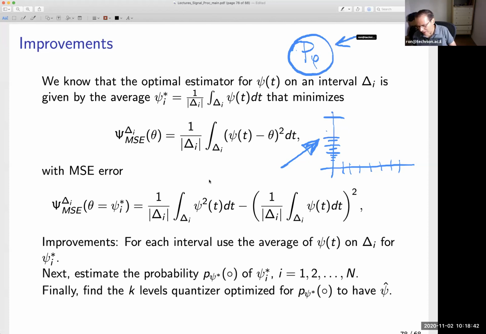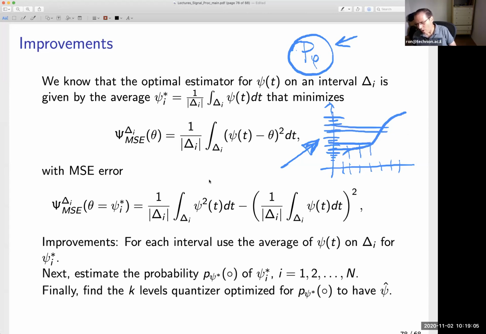What I'm telling you is that first of all, use uniform quantization along the y-axis, accumulate, look at the values of phi, and then you would see that there are a lot of phi's that are falling into this interval, and there are quite few phi's that are falling into this interval, okay?